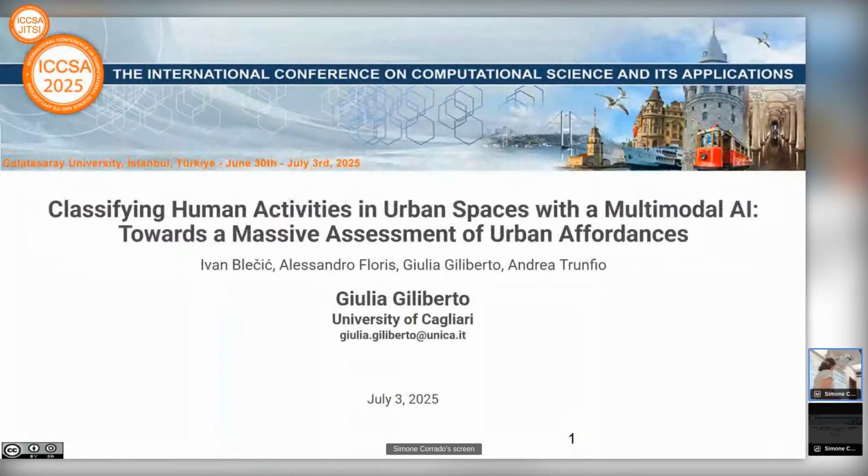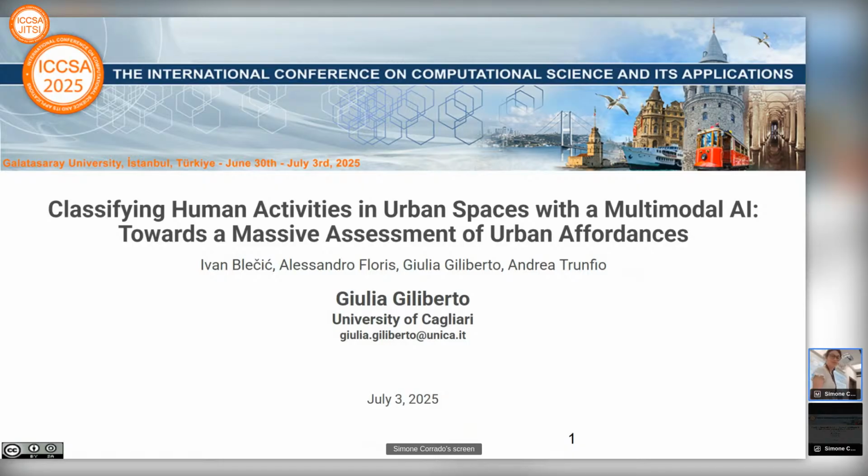It is authored by the people that you can read here. If I pronounce any of those names incorrectly, please excuse me. Ivan Blecic, Alessandro Flores, Giulia Gilberto, who will start presenting, and Andrea Truffio of the University of Cagliari, and he's of Sassari. Okay, Giulia, the floor is yours.